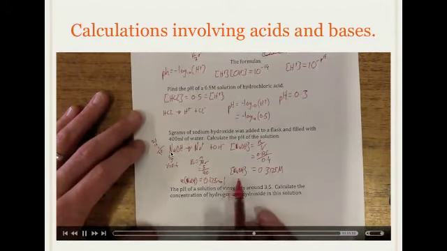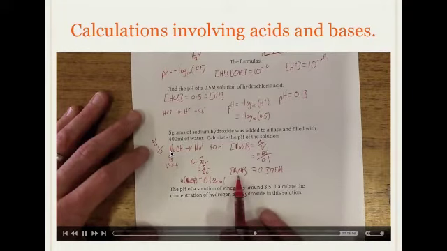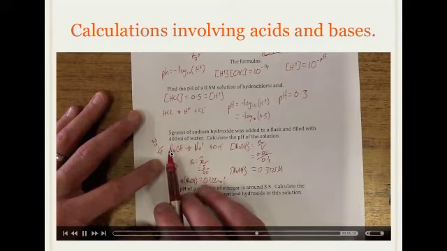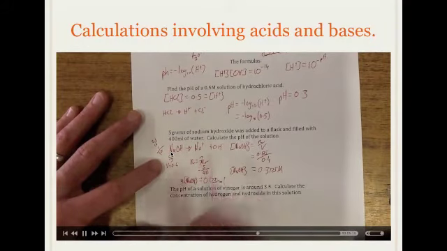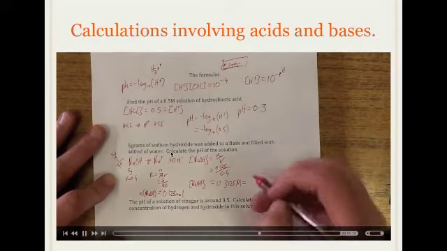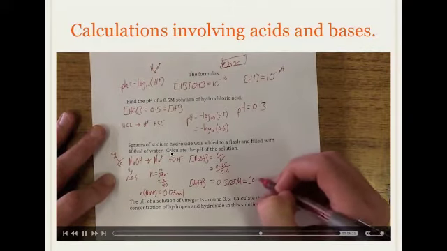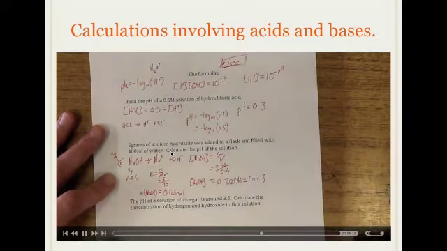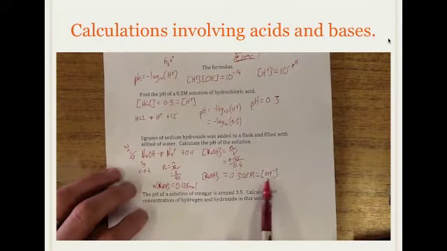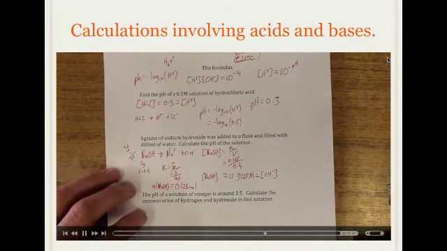Okay, now I've got my concentration of NaOH. Let's look over here. One sodium hydroxide breaks up into one sodium and one hydroxide. So that means my concentration of sodium hydroxide is going to be equal to my concentration of hydroxide ion. This is because it's a strong base and it'll completely dissociate. So now I've got my concentration of hydroxide.